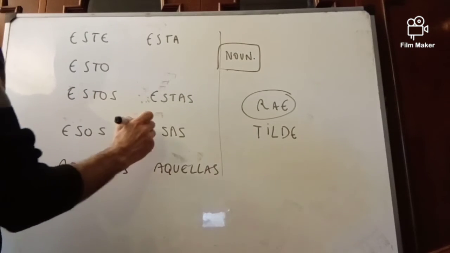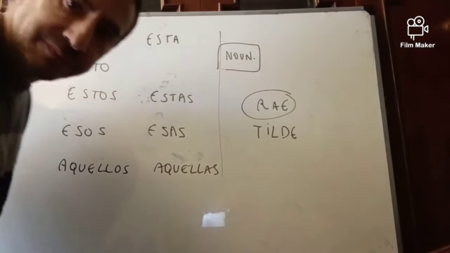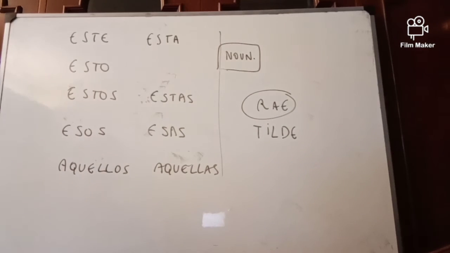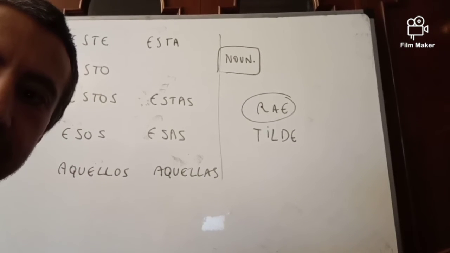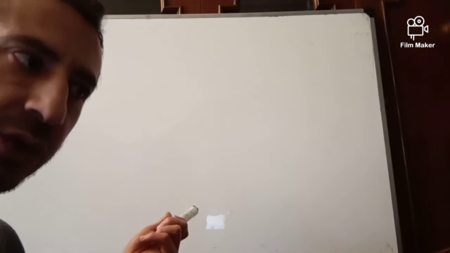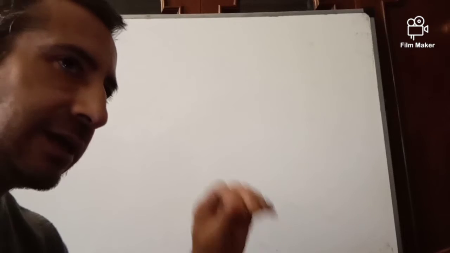Estas, estos, esas. Now we are going to see how they work in examples. Let's see examples. As for meaning, it's the same as when we saw the pronouns as adjectives.